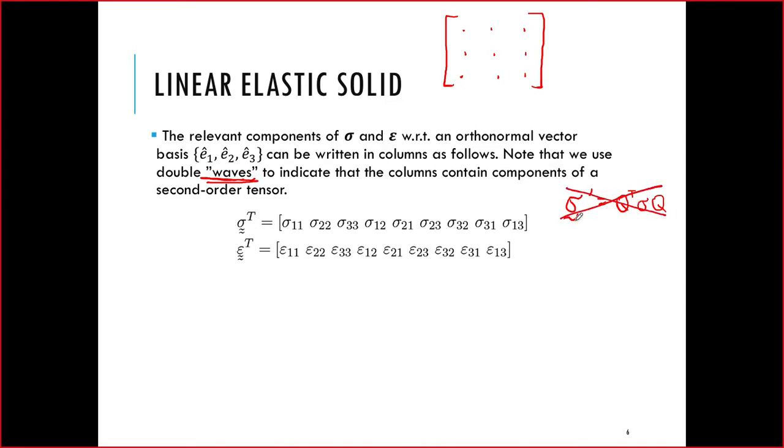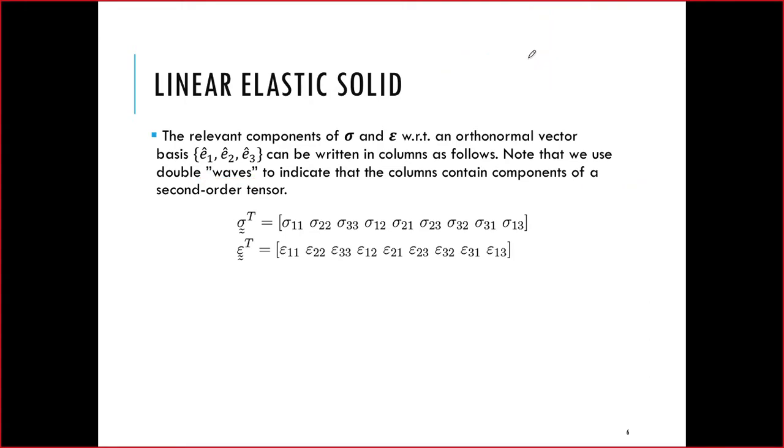I cannot do this kind of transformation on these double-wave quantities. That transformation was only applicable when I had written down the tensor as it is, meaning the real representation of the tensor. Okay, so I hope that is clear.